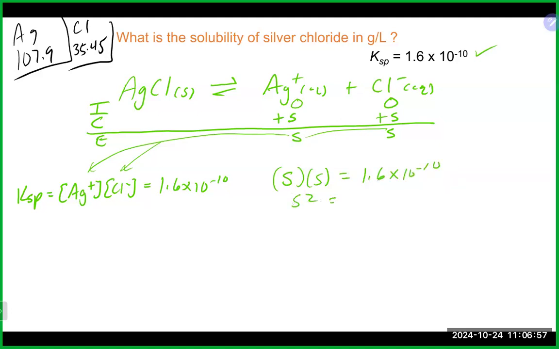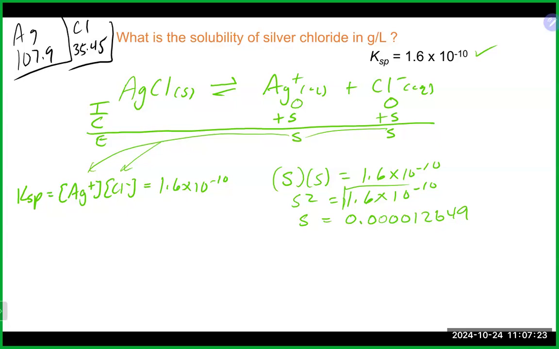We square root both sides, and that gives us an S value. What did I get there? 0.000012649.